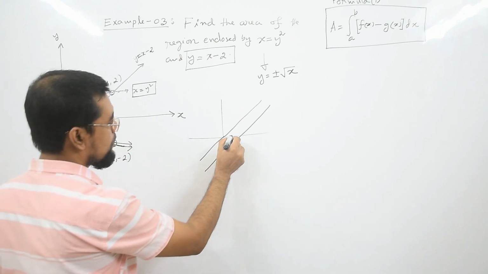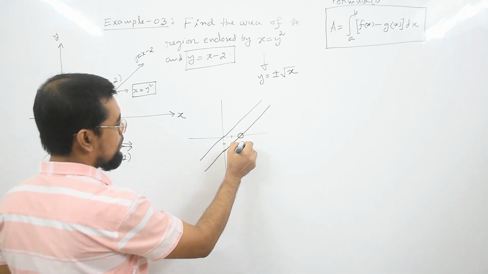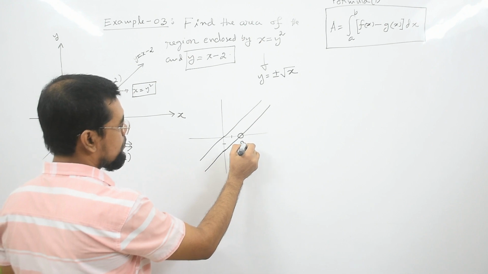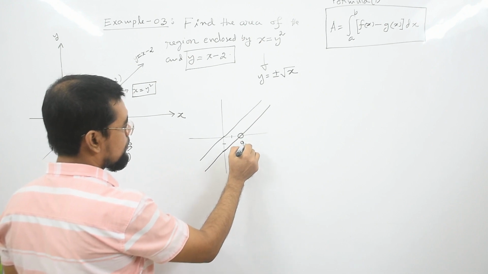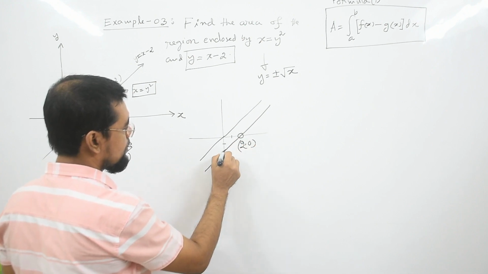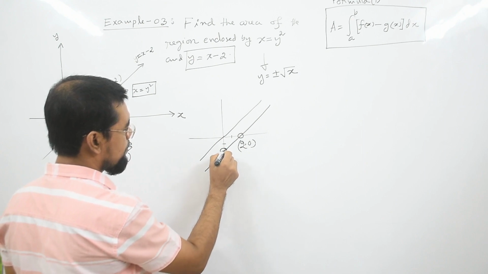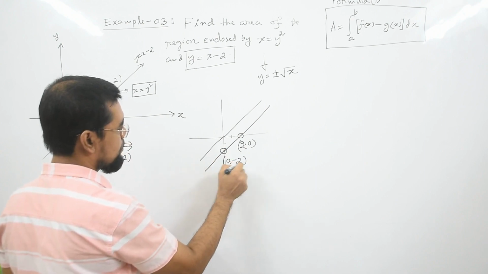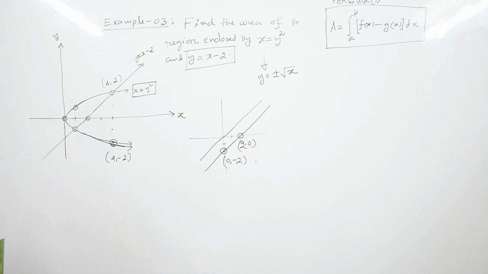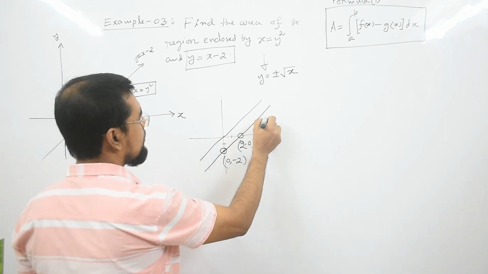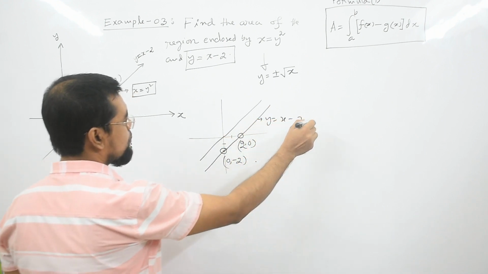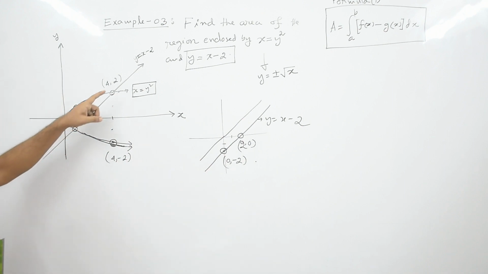This point is 2, 0, and the coordinate of this point is 0, negative 2. So this is our line y equal to x minus 2. So this is how you can sketch these graphs.